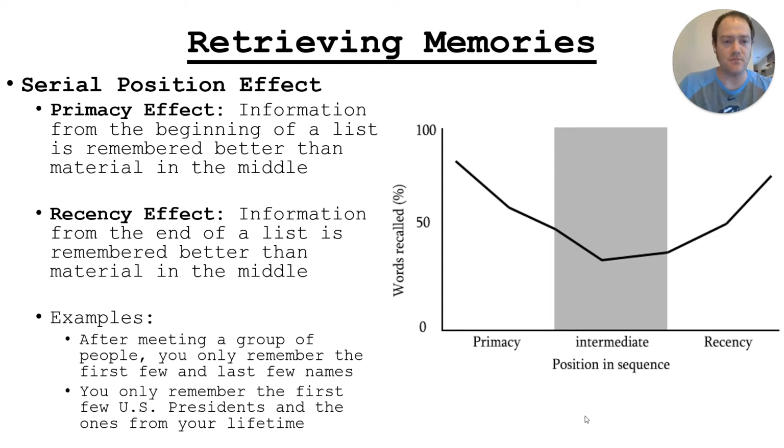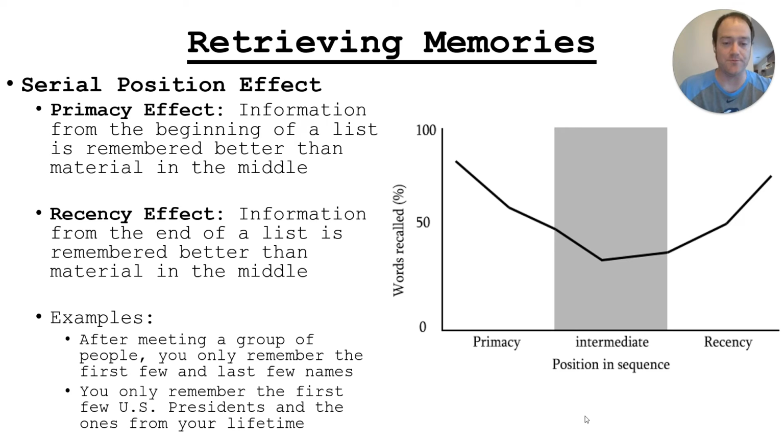Sometimes you'll see this called the serial position effect as a whole, which basically says that we tend to remember things from a list. We tend to remember the beginning and the end much easier than what's in the middle. Sometimes you'll see it referred to specifically as the primacy and the recency effect. Primacy being the beginning of the list and recency being the end of the list.